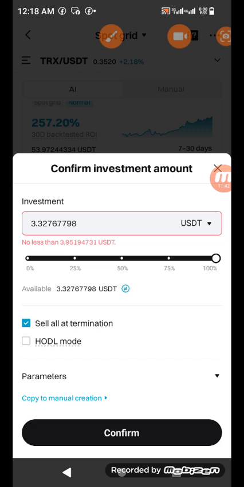Now, if I allow this sell all at termination, it means that at the end of that 30-day period, or 7, any period I choose, either between 7 to 30 days, if in the course of buying and selling, there are still some TRX that have not been converted back to USDT.